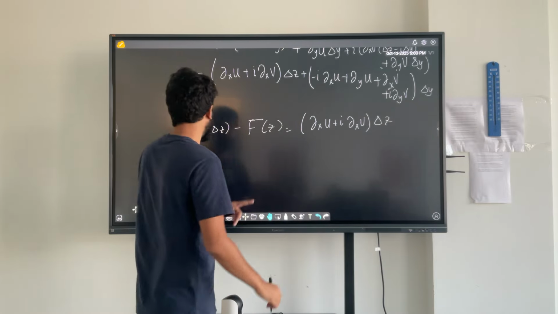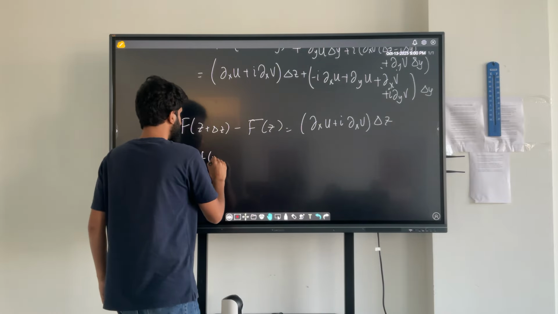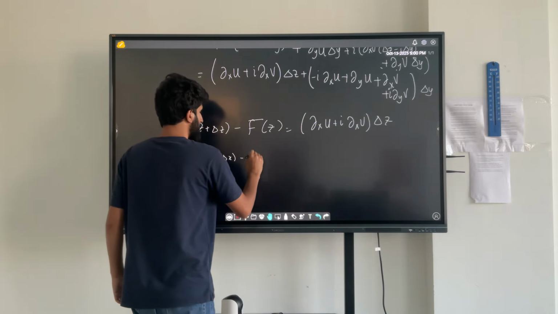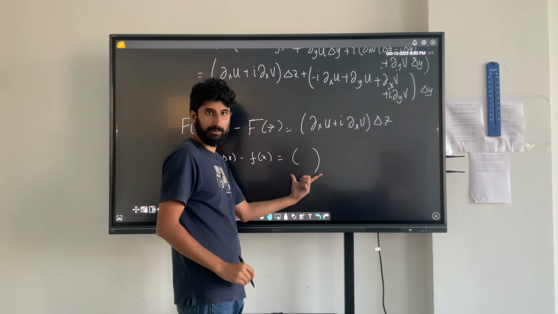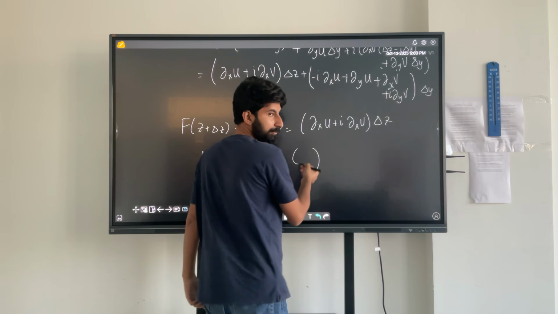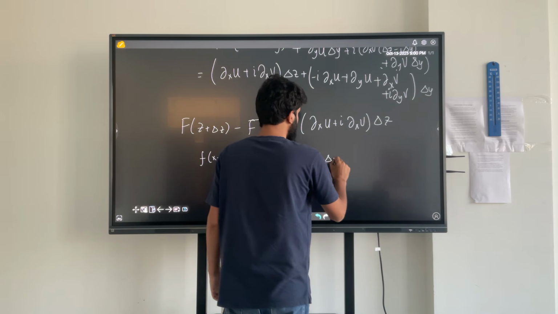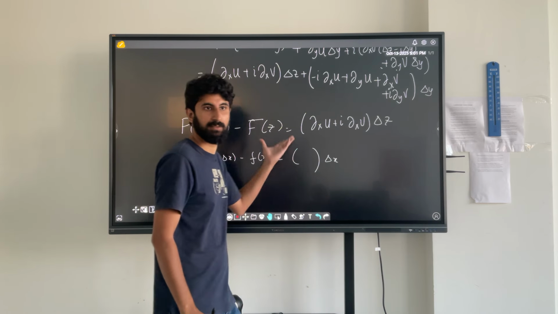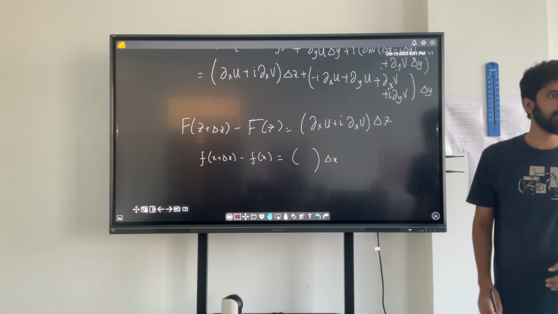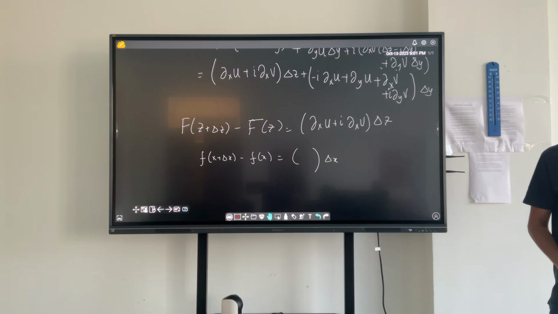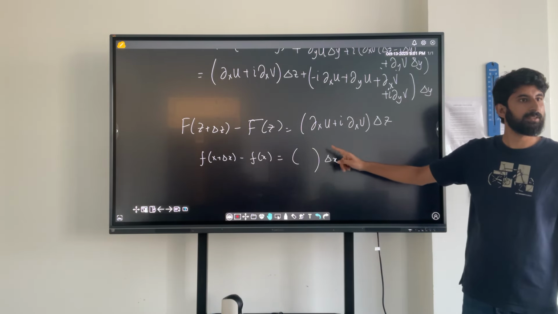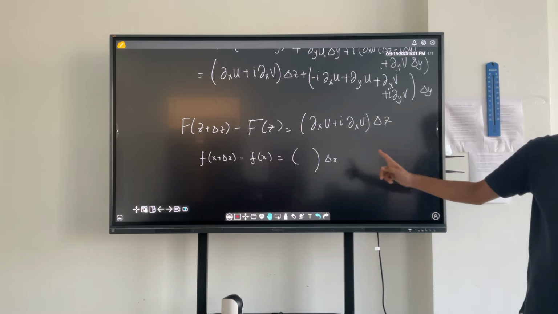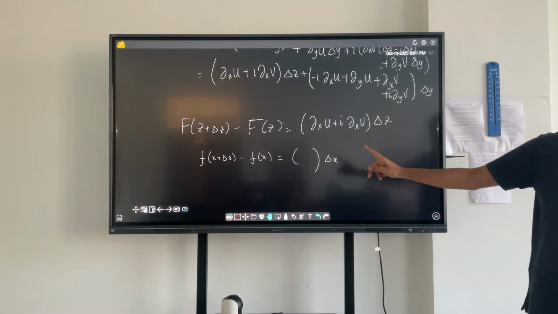Think about real functions. f of x plus delta x minus f of x was the derivative, f prime, times delta x. Is there any difference? There is no difference, so I can define a derivative here in exactly the same manner.